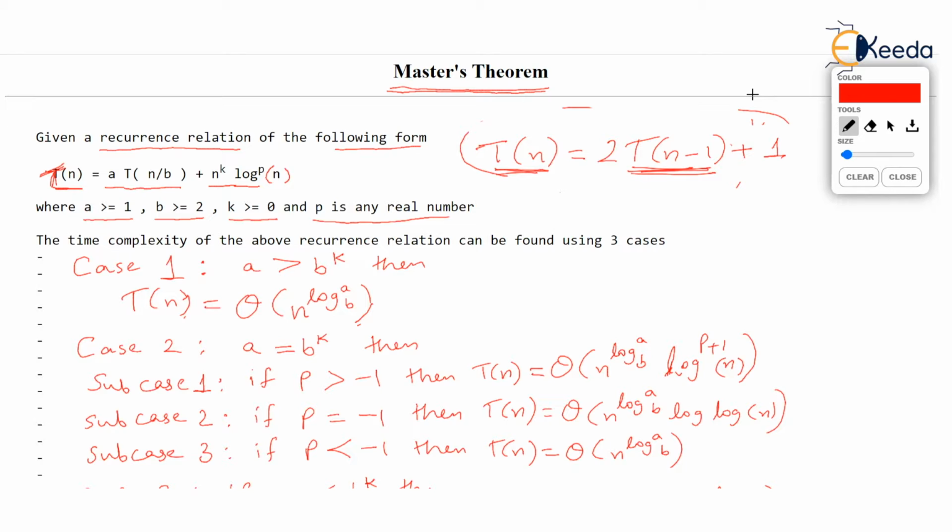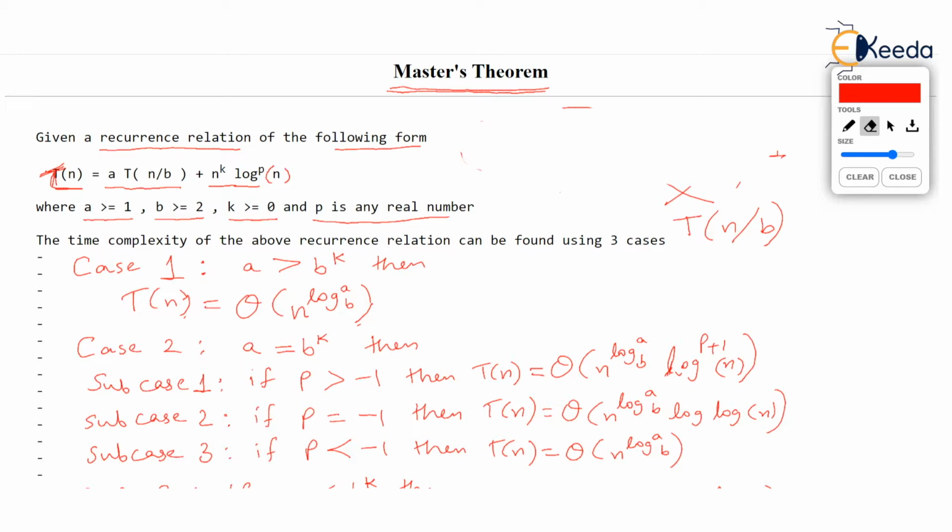But this cannot be solved using Master's theorem, because on the right hand side, we should have T(n/b) form. But we are having n subtracted with 1 in the given recurrence. So such a recurrence relation cannot be solved by using Master's theorem.